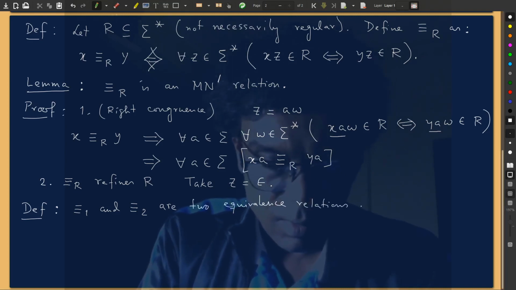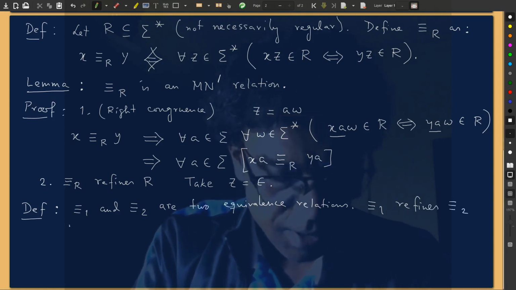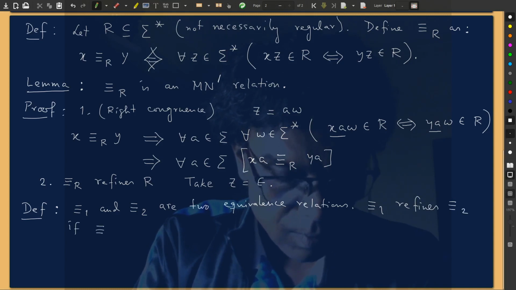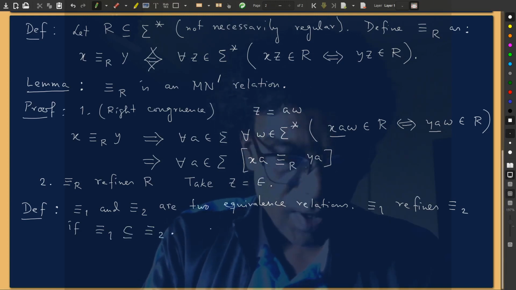Then we say that this refines the second equivalence relation if this is contained in this.